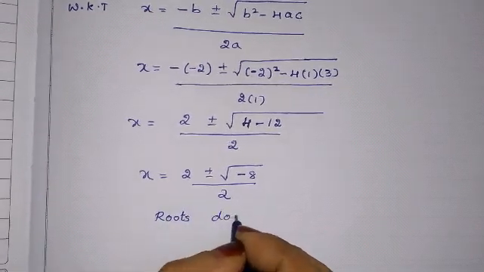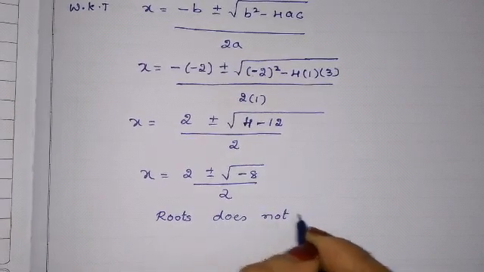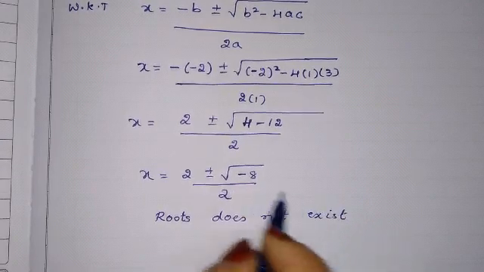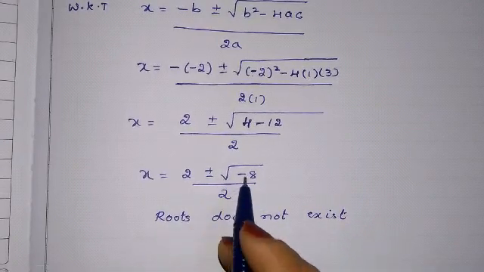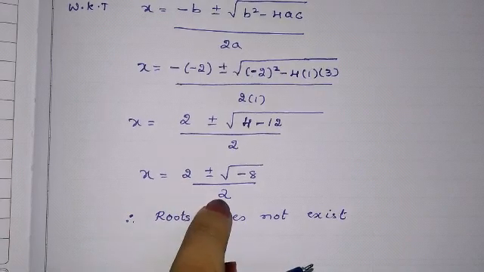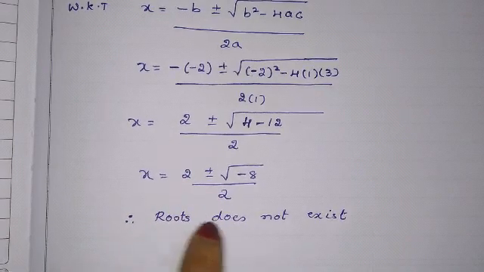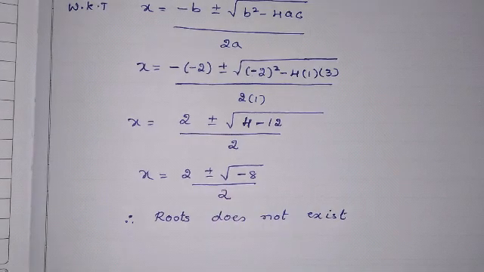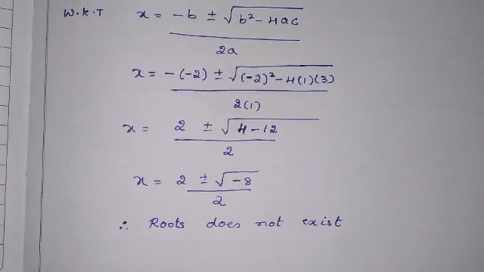When you get a negative number inside the root, you directly have to stop and write roots does not exist, because we cannot solve further for this problem. Only this is the answer.